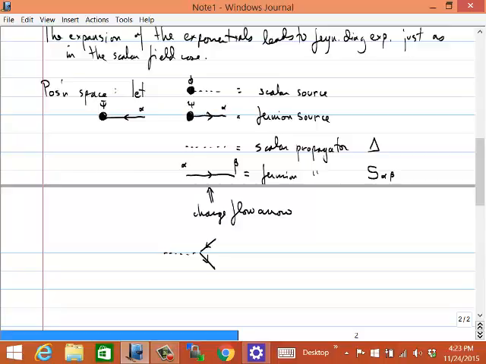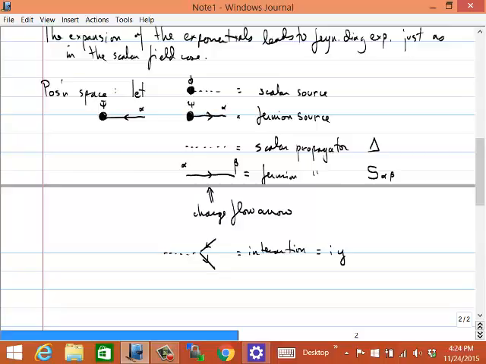So here you have one charge flow arrow flowing into the vertex and one flowing out of the vertex. So this is the interaction, which would be equal to i times y.